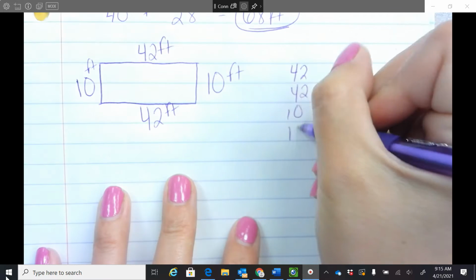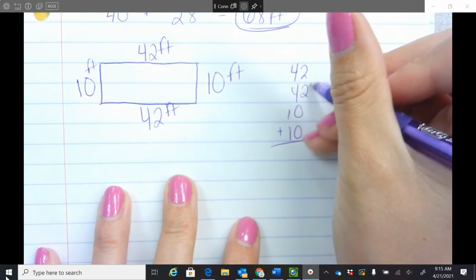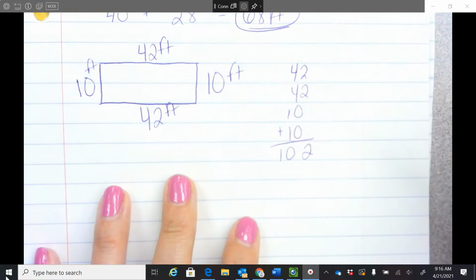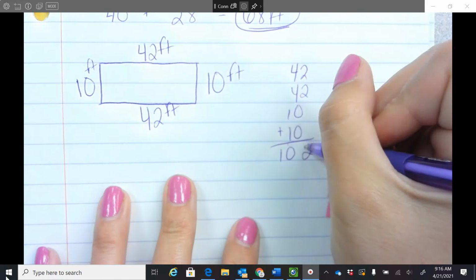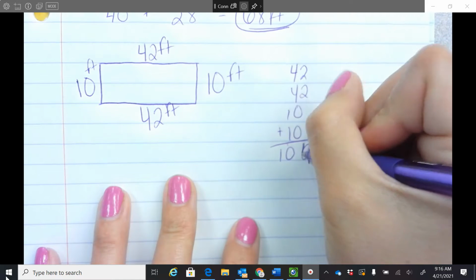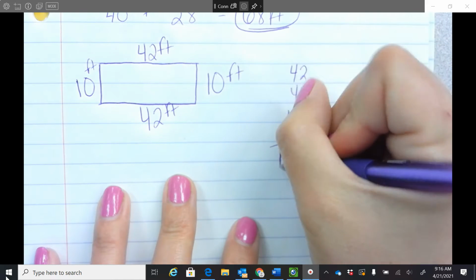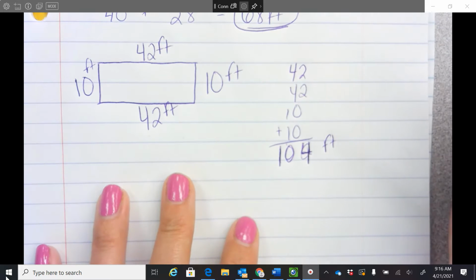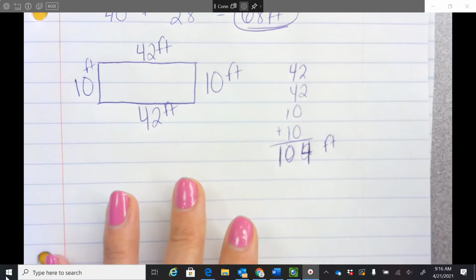And then 10 and 10. You got 102? 104. Okay, 104 what? Feet. Super important.